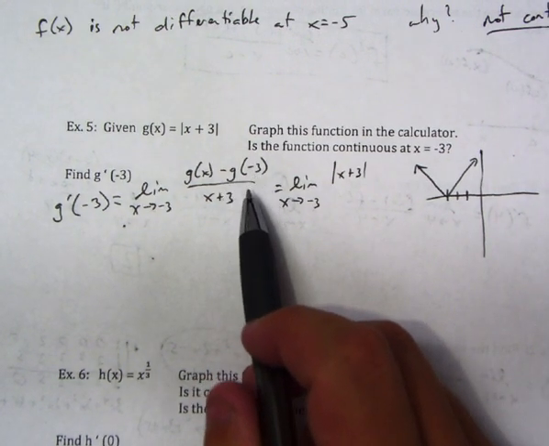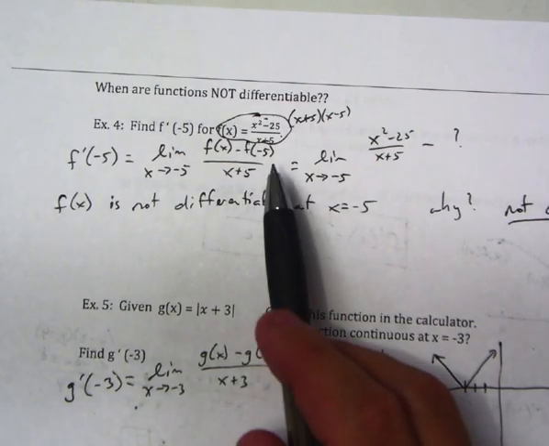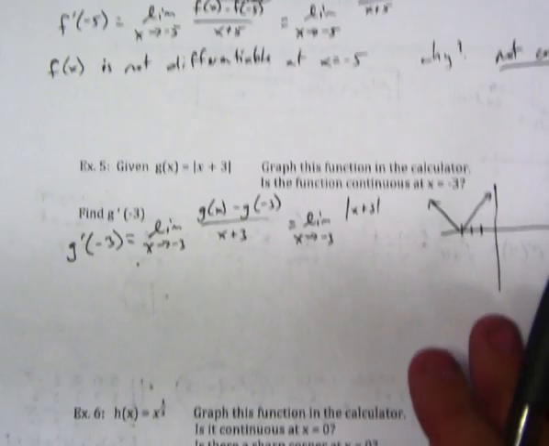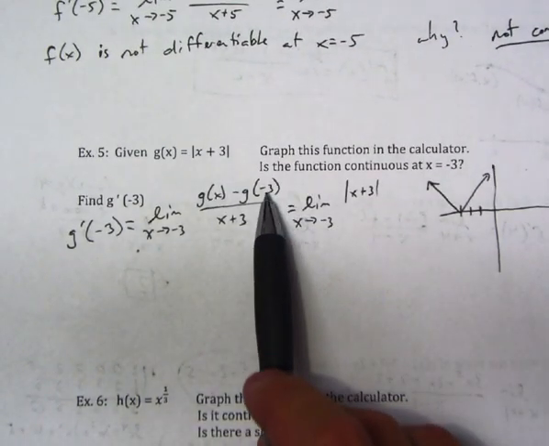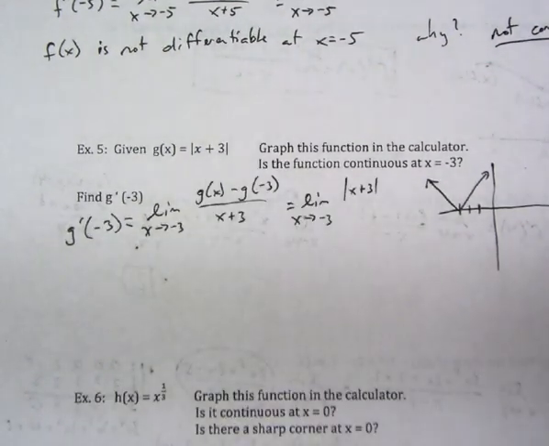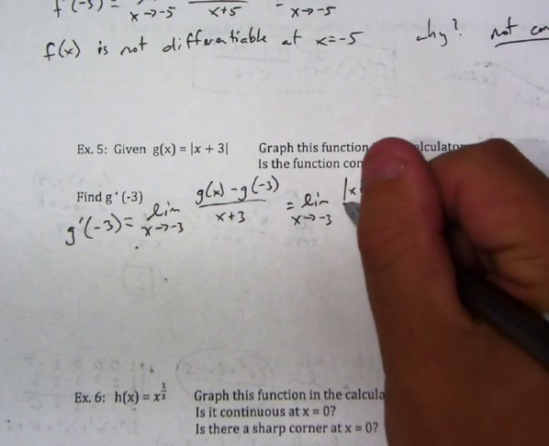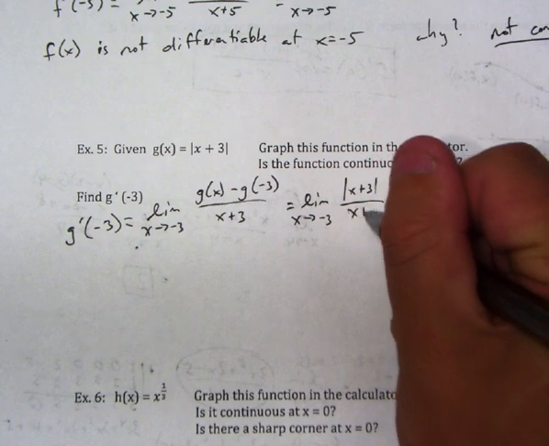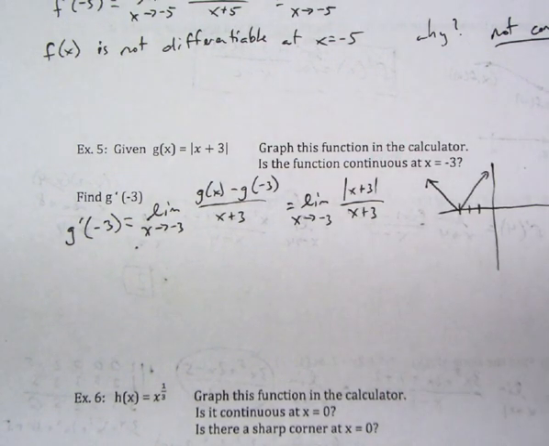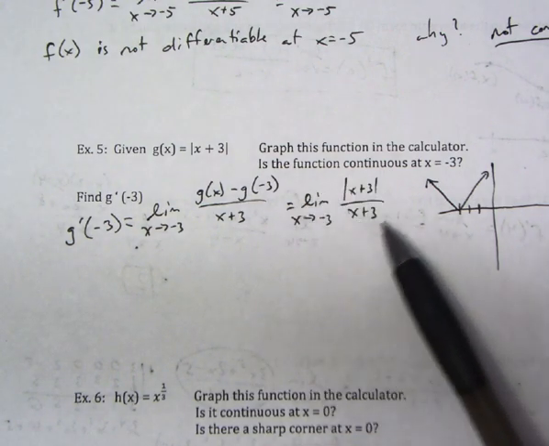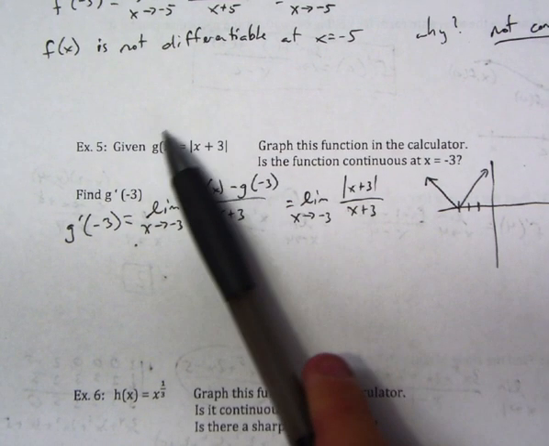Well, in the last problem, when we tried to find f of -5, we didn't have a value there. Well, here we do. If I plug -3 in for this function, we get 0. So we can do that. So minus 0. I'm just not going to write it because we're just subtracting 0. Over x plus 3. Okay. So now, whatever the answer to this limit question is, that's the slope of the tangent line at -3 to this function.